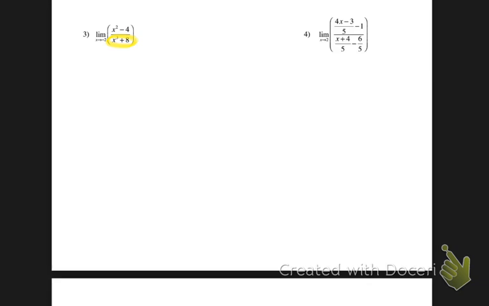So I'm going to start to do any factoring that I can. So the numerator looks like difference of squares. And then in the denominator, let's pretend we don't recognize the sum and difference of cubes.